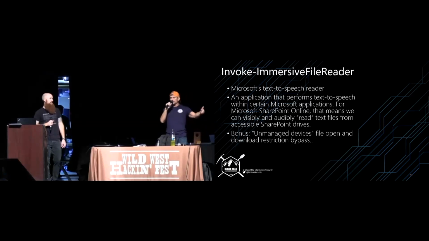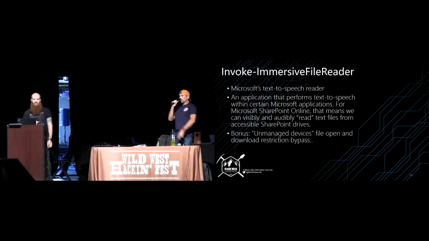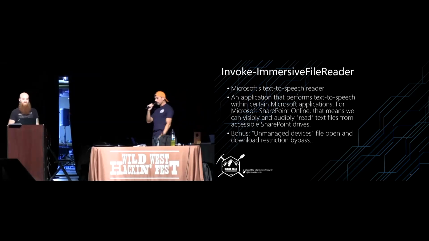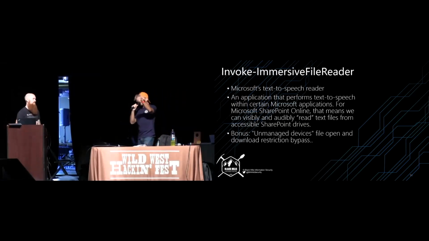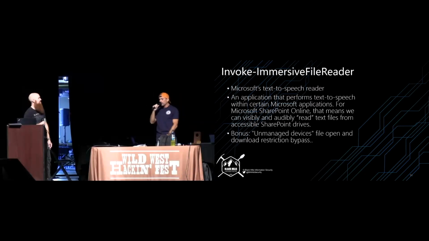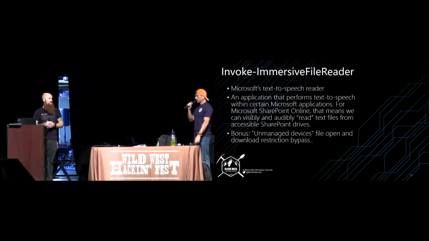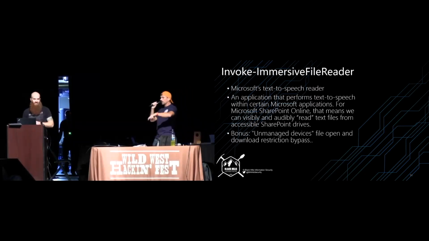So the text-to-speech API reads the file for you with its authentication. So you can say, all right, I couldn't open this file, I couldn't download this file, but Immersive File Reader will pull it for me. And not just text files, but any other file type too.